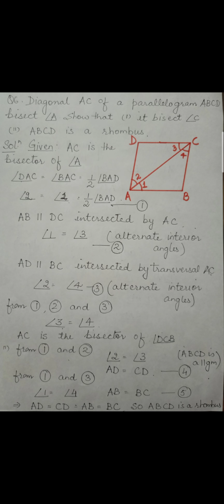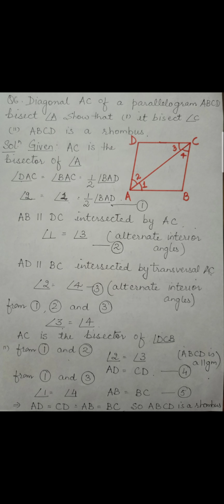So AB parallel to DC intersected by AC. AC is the transversal here. So here angle 1 is equal to angle 3, alternate interior angles. Children, you can write here in place of angle 1 and 3, CAB is equal to ACD, alternate interior angles. Let me name this equation 2.